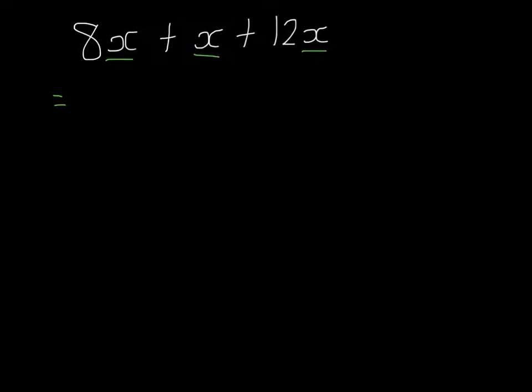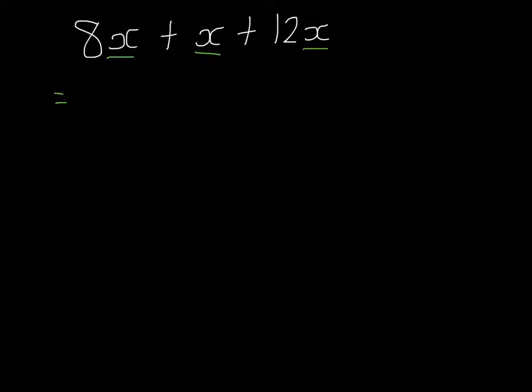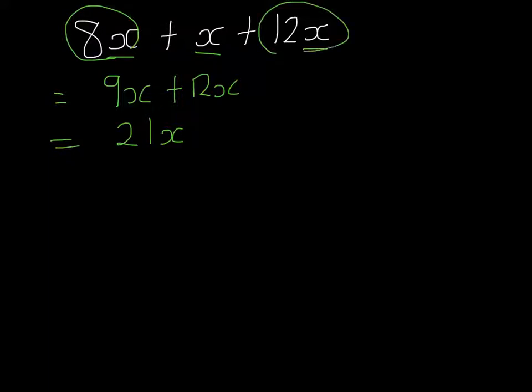So 8x plus another x is equal to, I'm going to do this step by step, 9x plus another 12x. So that is equal to 21x. Happy for you in these questions to add them all together at once. 8 and 12, 20 plus another x is 21.